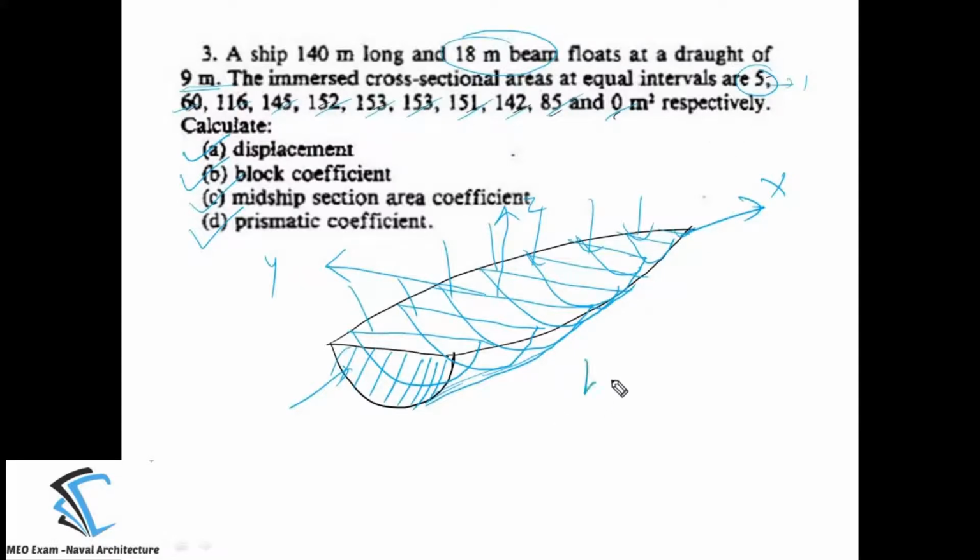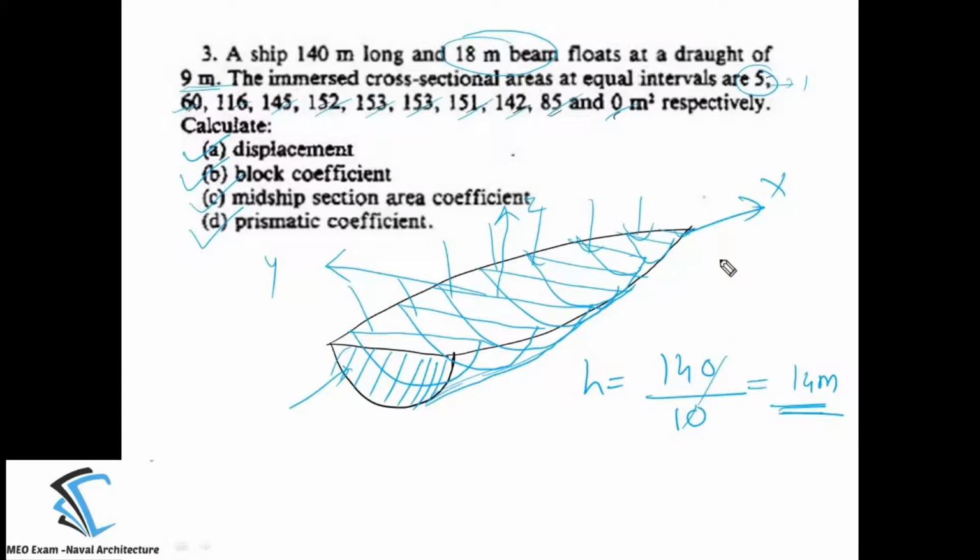So the total length of the ship is 140 divided by the number of full spacing intervals, that is 10. So h is equal to 14 meters. The spacing between consecutive ordinates is 14 meters. This you have to keep in your mind. Now which rule is applicable here?